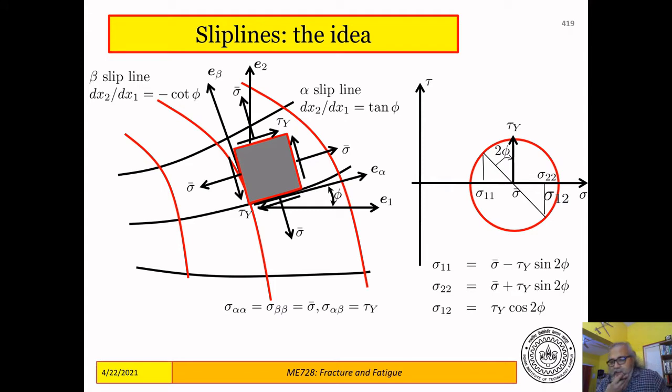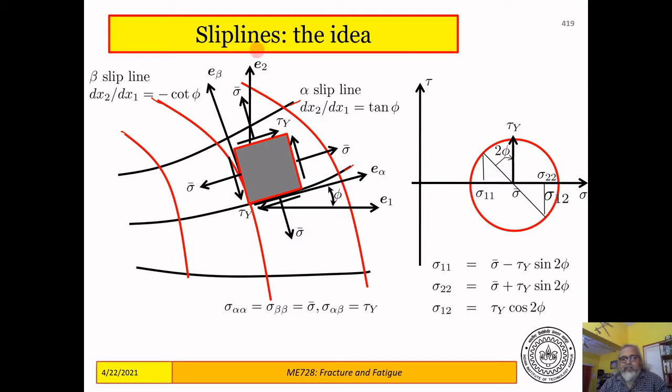The slipline fields are a set of lines called alpha lines and beta lines. So in my drawing, these are the alpha lines, and these are the beta lines.